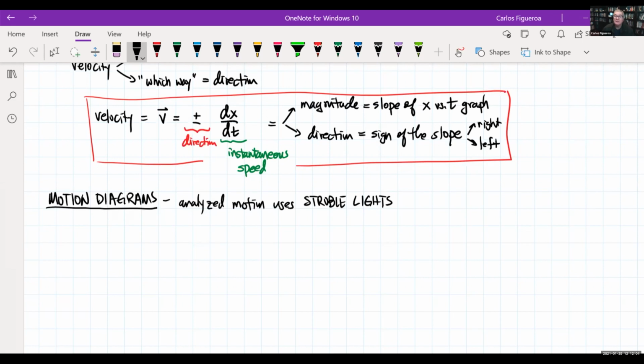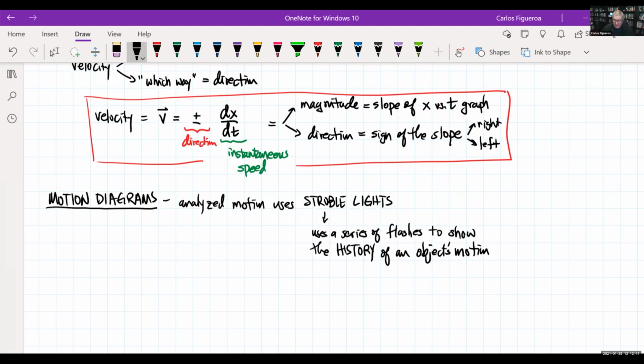A strobe uses a series of flashes, and as it uses a series of flashes, it shows the history of an object's motion.